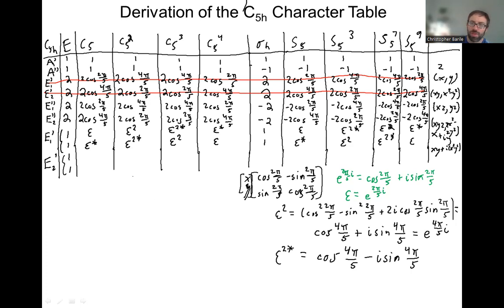for E1 prime, we used x plus iy because that was sort of an imaginary analog of this. For here, what we can use is x plus iy squared. There are other analogs that will work, but that's sort of like x times y. It's like an imaginary analog of x, y.